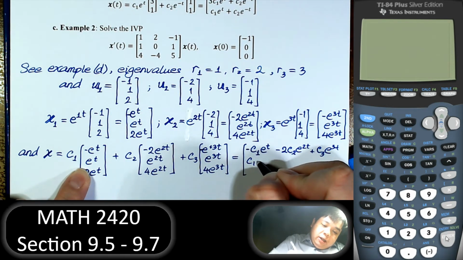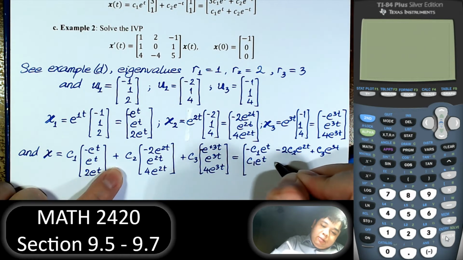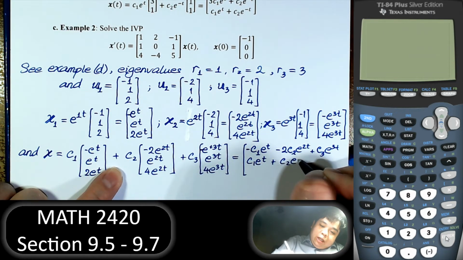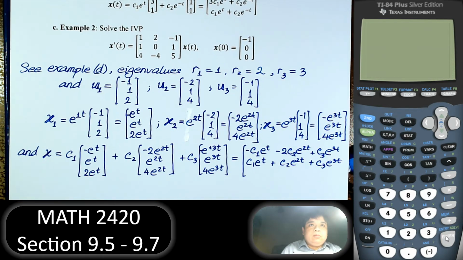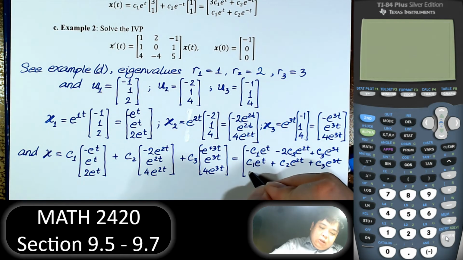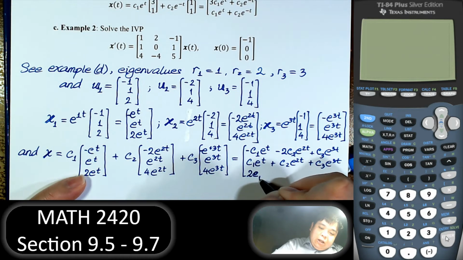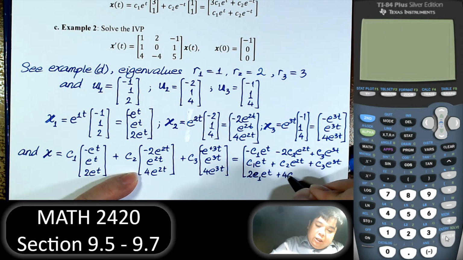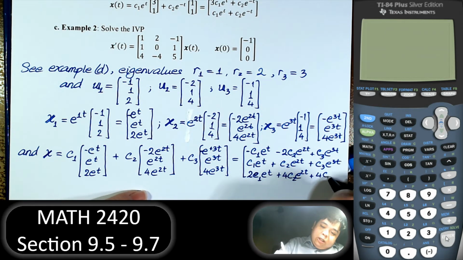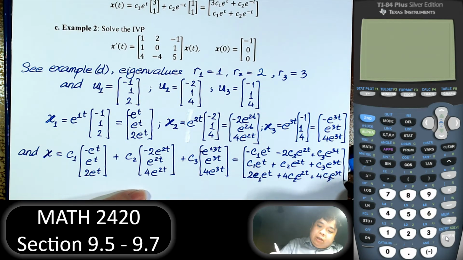And then c1 e to the t, c2 e to the 2t, c3 e to the 3t. 2 c1 e to the t, 4 c2 e to the 2t, and then 4 c3 e to the 3t. Right, so that is the general solution.